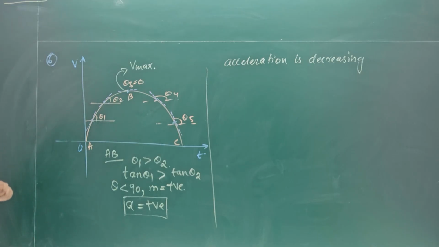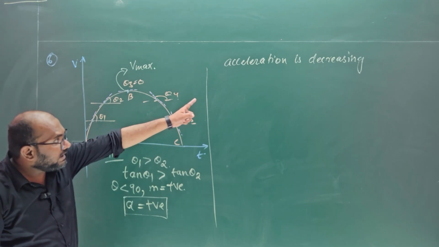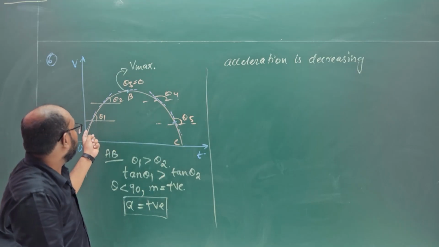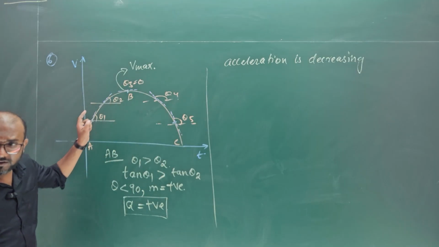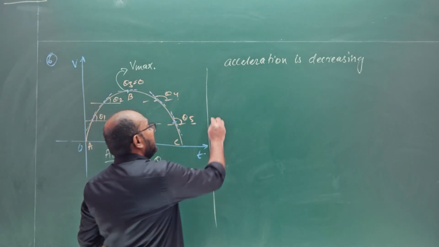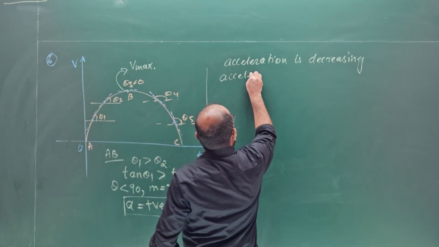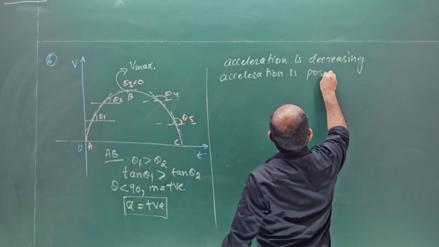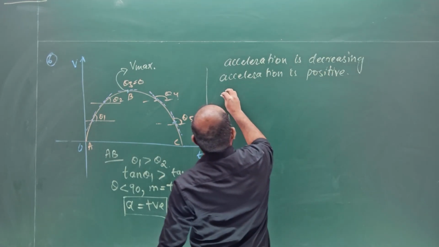The next thing we need to find, if acceleration is positive, acceleration is decreasing its value as it passes away. But what we found, velocity is also positive. If acceleration here is positive, acceleration is what? Positive. What is velocity?